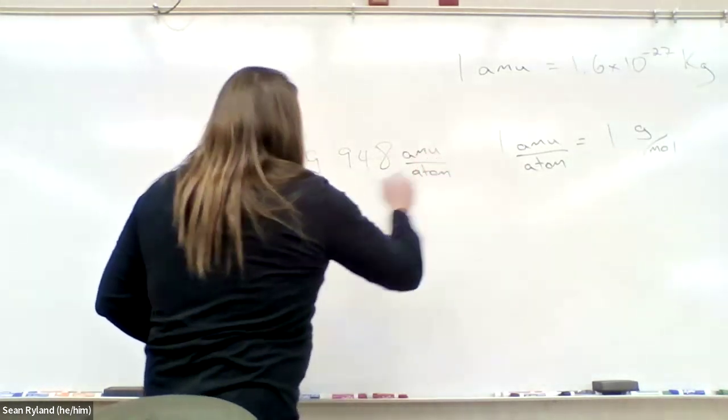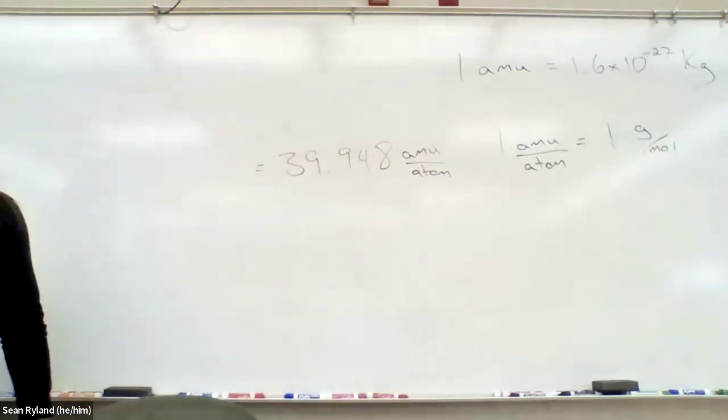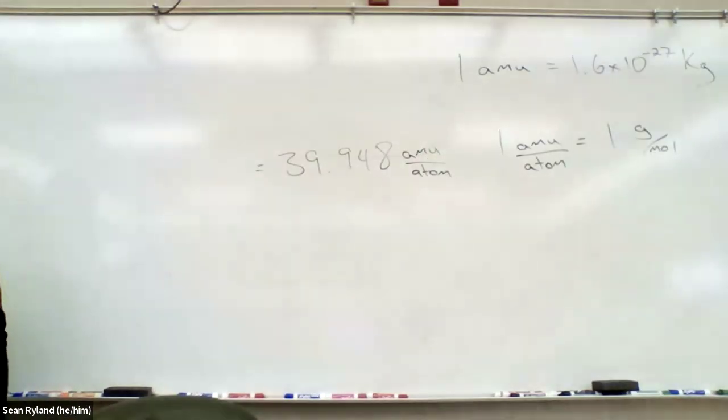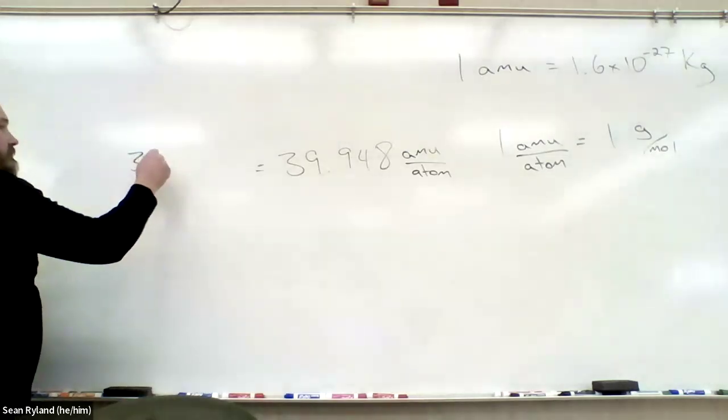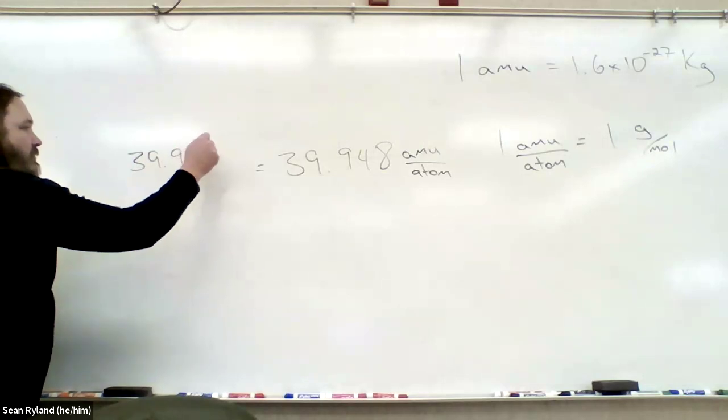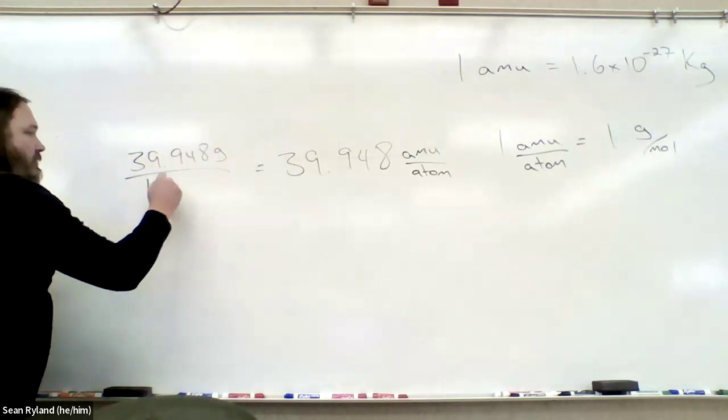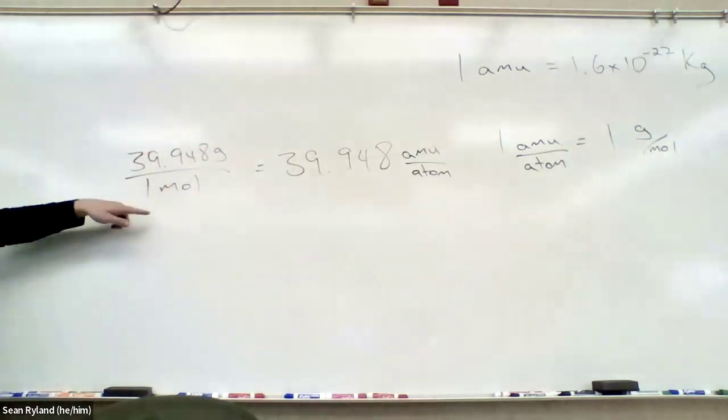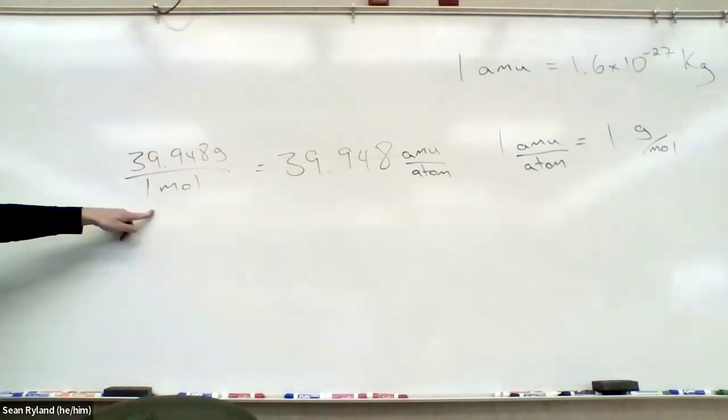But it also means that if you have a mole of atoms, it's going to weigh 39.948 grams. Which means we've got a combined unit here, and we're going to be able to use this as conversions.